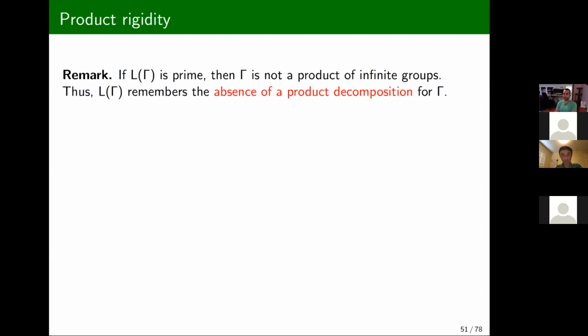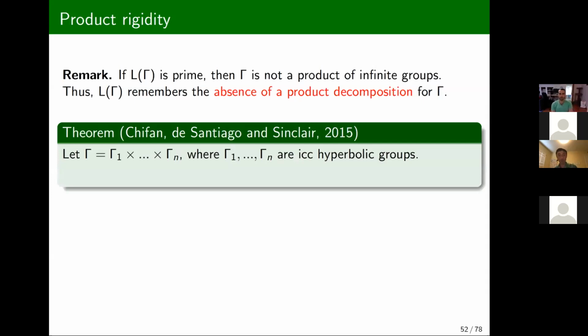And a related result was established by Kida, De Santiago, and Sinclair in 2015. So here's what they showed. Let gamma be the product of n ICC hyperbolic groups. For instance, you can take gamma 1, gamma 2, up to gamma n to all be a free group.